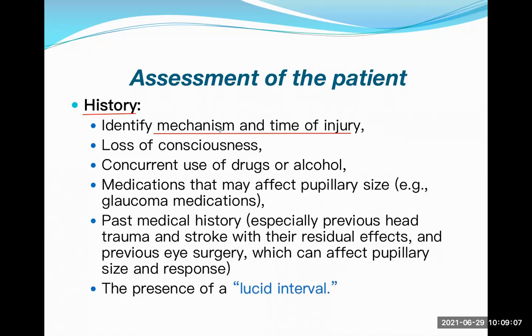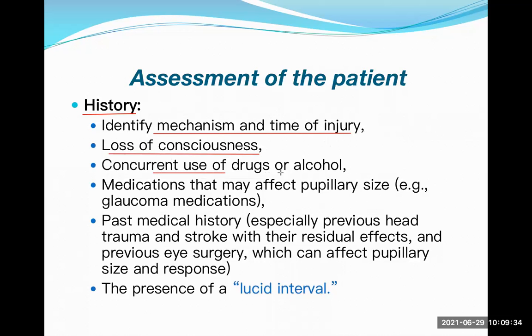Or a bullet injury? Or a stick injury? We need to ask what the mechanism was, and what the time was. Definitely, whether there was loss of consciousness at the time of injury and after that. Very, very important question. Loss of consciousness indicates the severity of the injury.